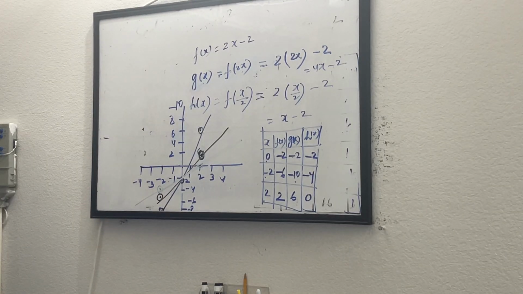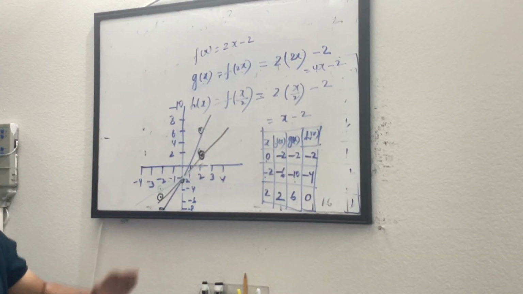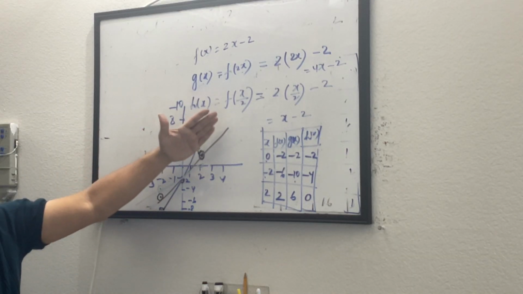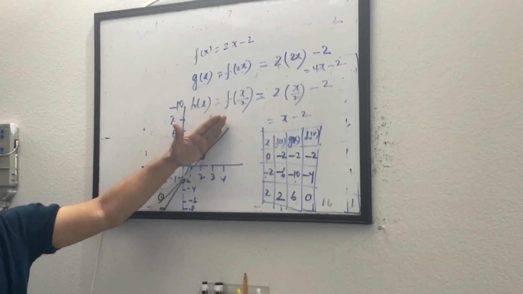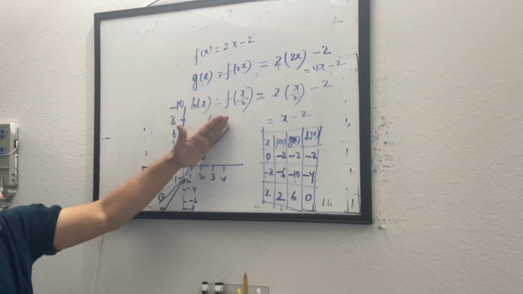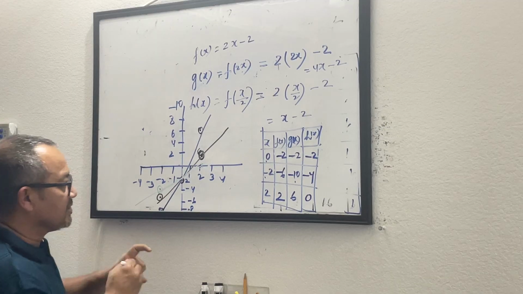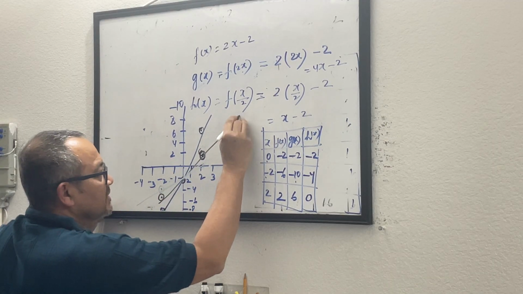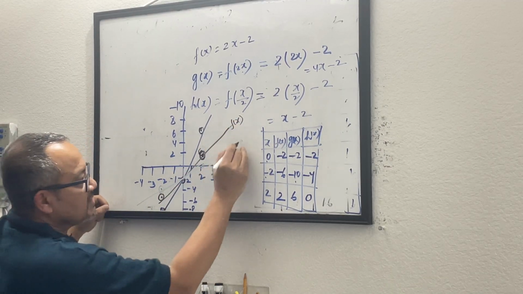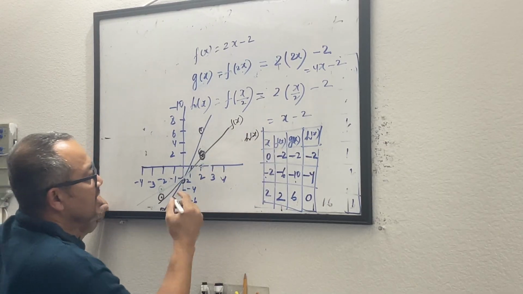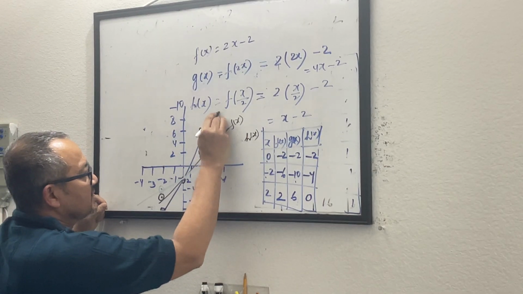So what you are seeing right now is, this was your f of x. When you multiplied by 2, let me write down the names so that you can relate to it. This is f of x. This one is h of x, and this one is g of x.